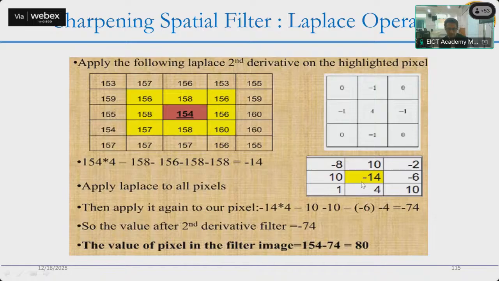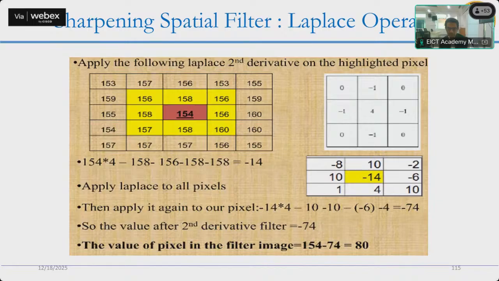And now, applying Laplace for the second derivative, you are applying this function, minus 14. So this is minus 14 multiplied by 4, minus 10, into the original pixel value.